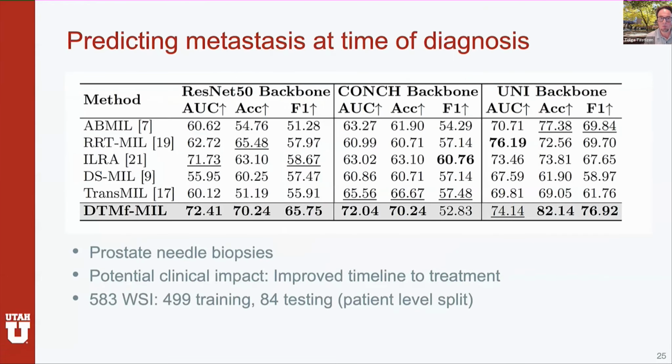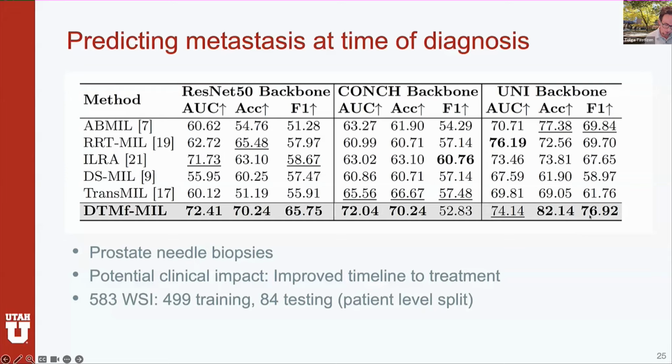Okay, so we experimented with this data set, which is prostate cancer metastasis. This is a data set from our institution, from the VA, actually. What we do see here is that indeed this idea of injecting geometry-aware features does improve this task quite a bit, right?